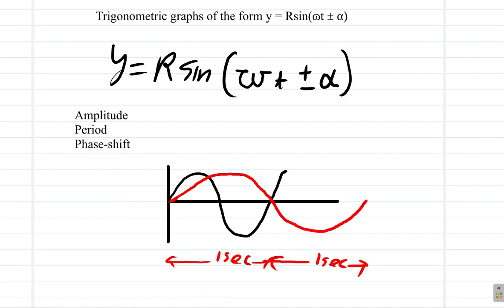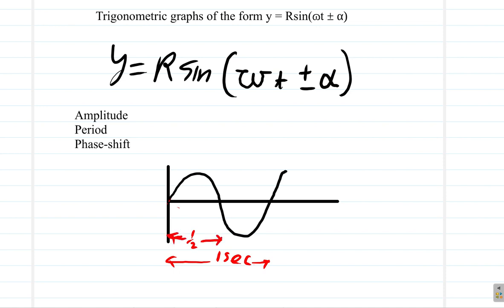Right? Of course, if you halve the period, then you'd have to halve the wavelength, which means in half a second you're looking at a wave that seems more like this.